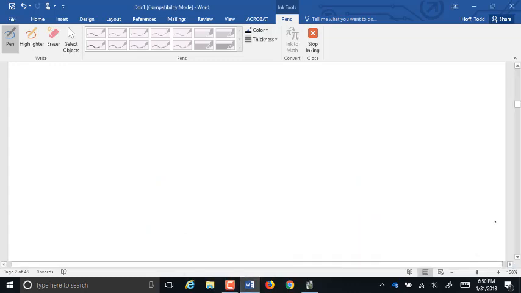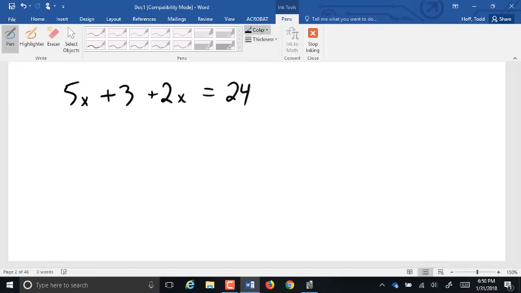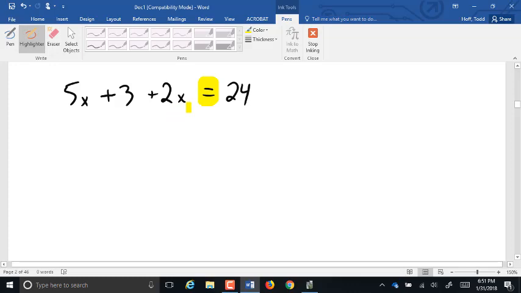The next step. We can run into something like this. We identify or find our equal sign, and we identify where our variable is.